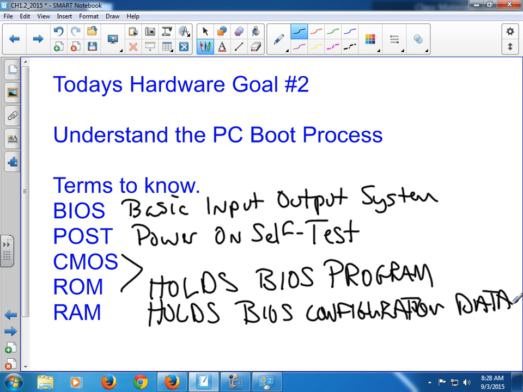Okay, so when I push the power button on a PC, it sends a power signal to make sure it's got good power. Then it starts the basic input-output system, which starts the power-on self-test, which checks everything else in the computer to make sure everything's good. It also does a basic inventory list of what's on this computer and says, has anything changed?